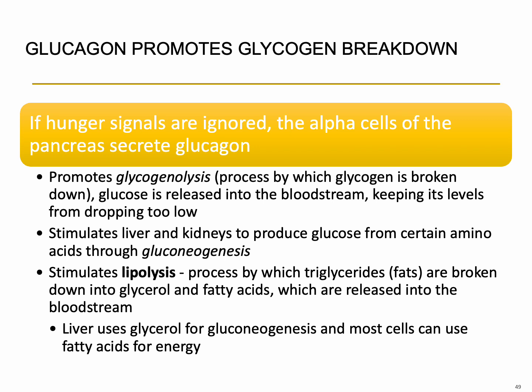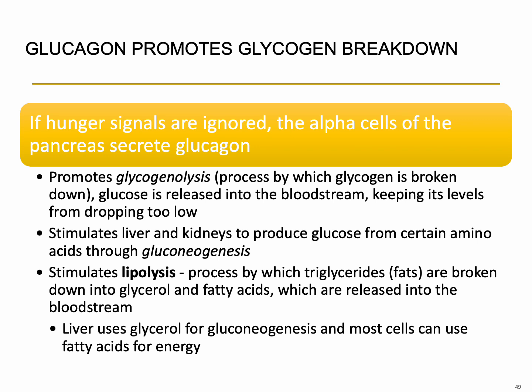It has a couple of different ways to increase glucose levels in the bloodstream. When glucose levels in the bloodstream drop, the body releases glucagon, and glucagon can act in a few different ways. It can stimulate the liver and the kidneys to produce glucose from certain amino acids. That's gluconeogenesis, meaning making new glucose.